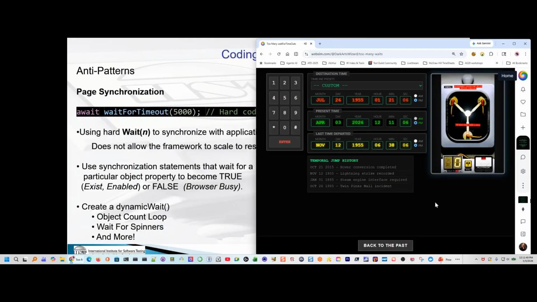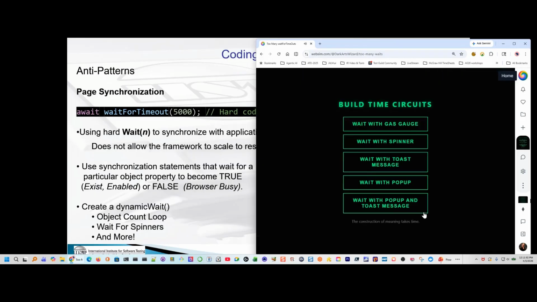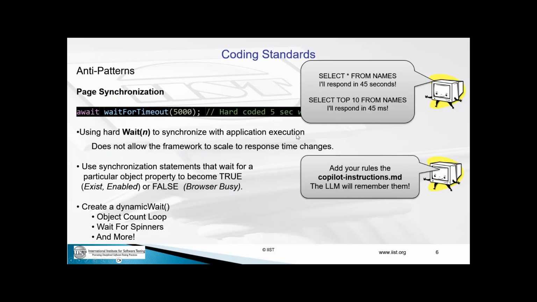And how are you going to make sure that you catch that while also looking to see if the Back to the Past button is available? The last thing we want to do is click on the Back to the Past button. And this, after a few seconds, will take us right back to our opening site, which was waiting for gas gauges and spinners. You also notice there's a spinner on that page, and that's something we're going to have to be looking for and waiting for.